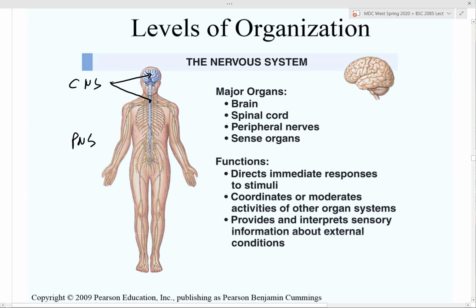The peripheral nervous system is everything else. But the one that dictates almost everything that is happening within your body, which system would that be? All the systems, right? Nervous system. But yeah, central. Does that make sense? So your nervous system is the one that commands everything else.